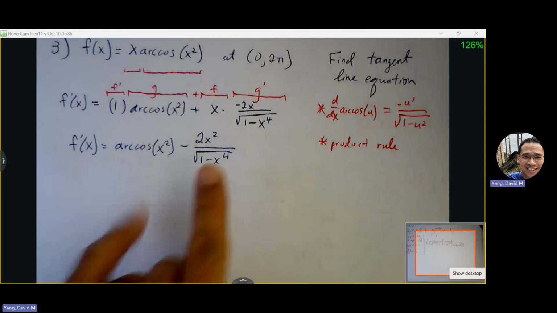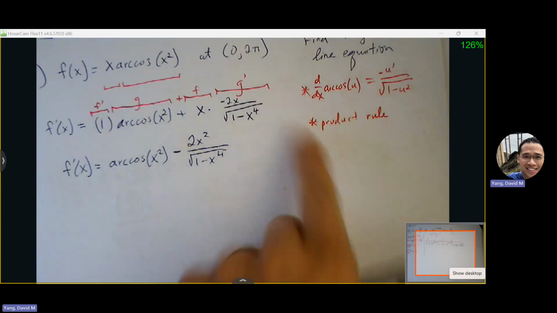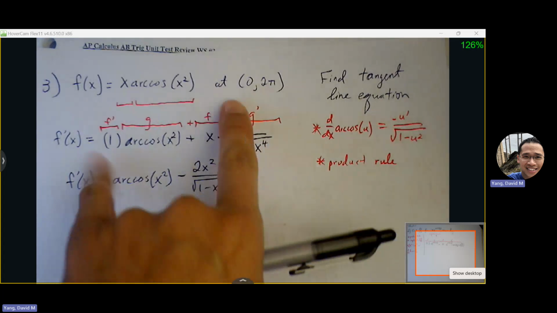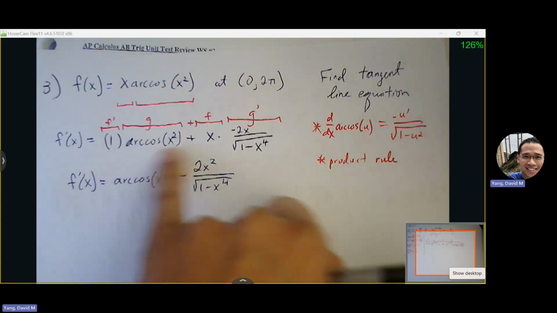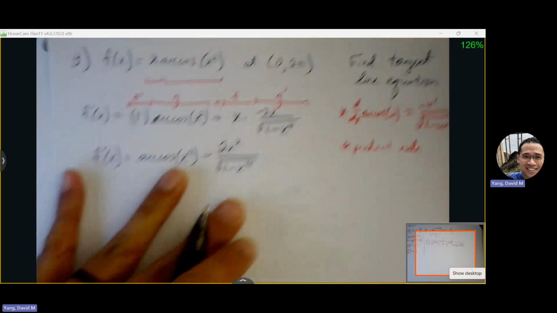Okay, so really the only thing we need from this is finding the slope. So I know that my x value is 0. So if I find f prime of 0, I can work towards finding my slope, which I can use for my tangent line equation.